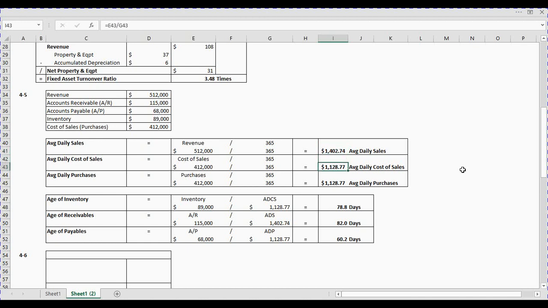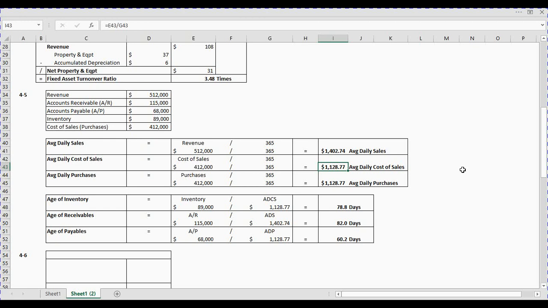The average daily cost of sales is, we look at our cost of goods sold, or here they call it cost of sales, and we're also breaking that down by 365 days.